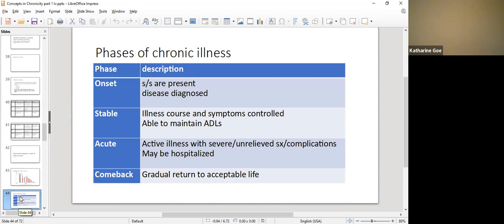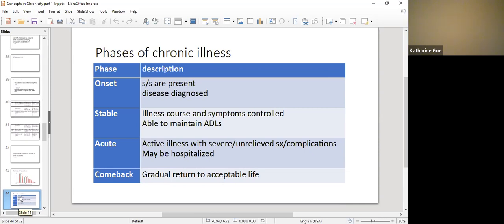Another way of thinking about chronic illness is describing them in terms of phases, where there's the onset, which is when signs and symptoms are present and the disease is diagnosed. There is usually a stable period where the illness course and symptoms are controlled and people are able to pretty much live their lives normally. And then there's some kind of acute crisis that happens.